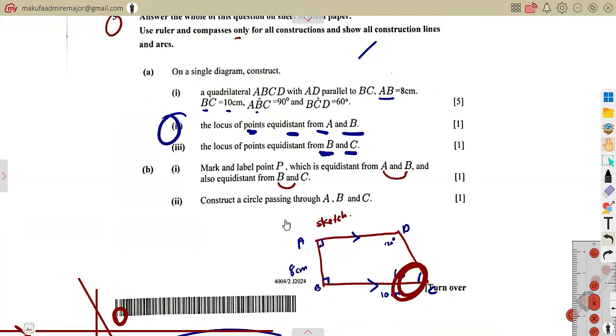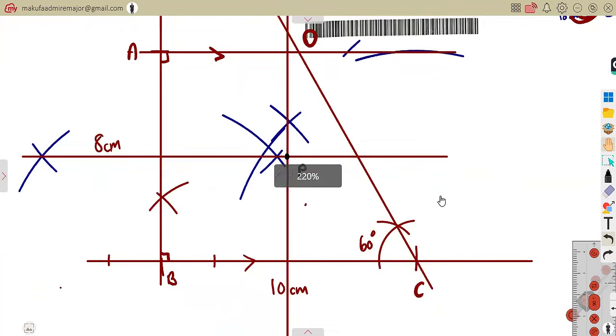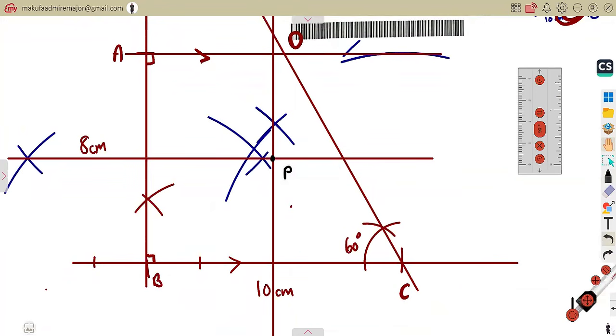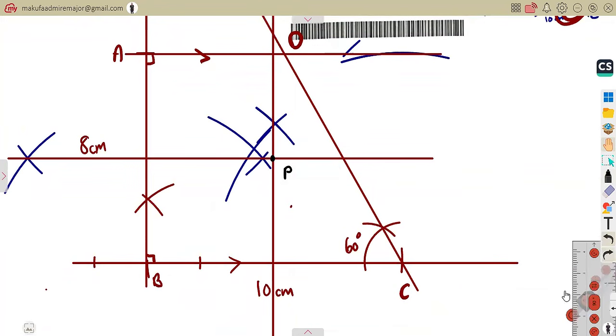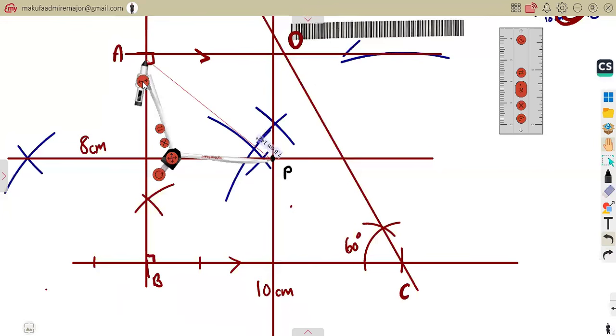Then construct a circle passing through A, B, and C. So the circle is supposed to pass through the point A, to the point B, to the point C. For this circle to pass through these points A, B, and C, you must have the center at P. You put the needle point at the center, which is P. Just open a distance to one of the points, either A or B, whatever point you want.